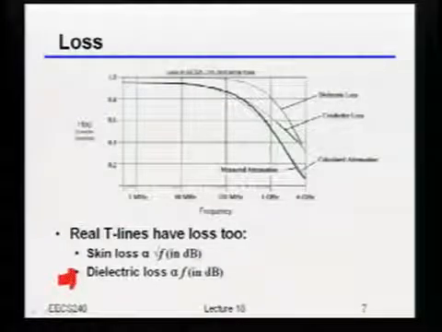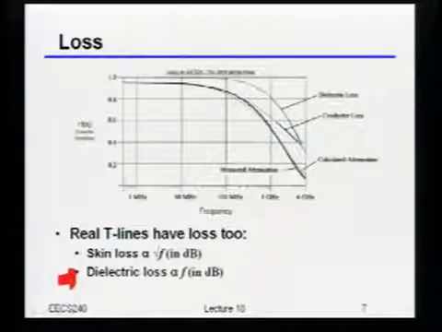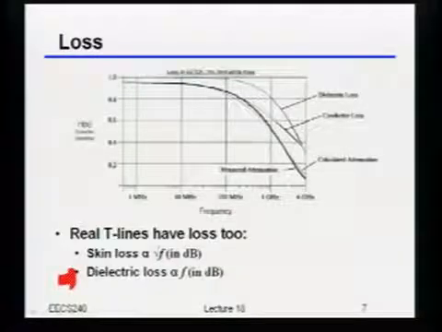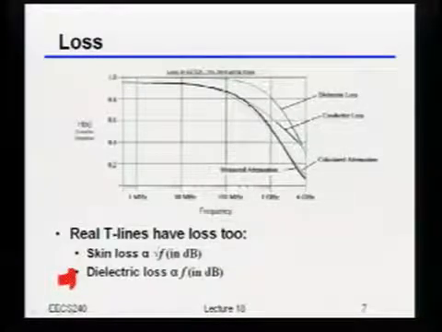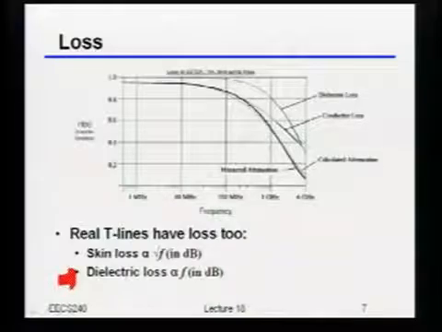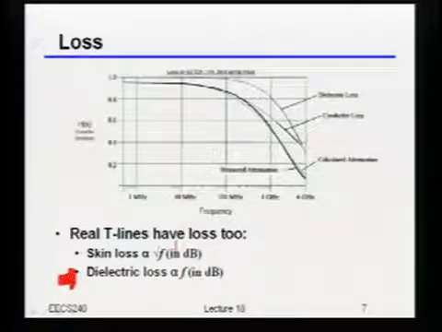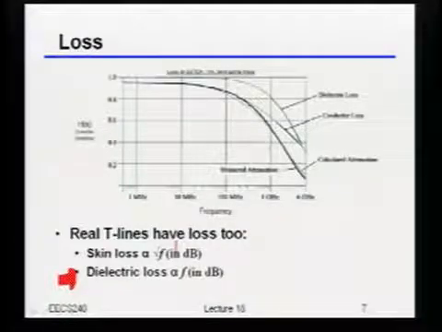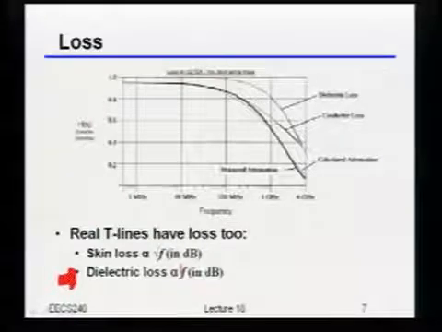And because they can't necessarily move with the wave at the same exact speed, you end up dissipating power in dragging those electrons around. Essentially that creates another effective shunt current path. That loss mechanism is called dielectric loss. That one is proportional to frequency, but again in dB.